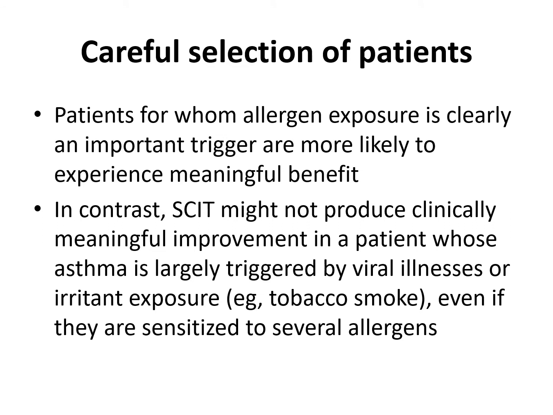Careful selection of patients is very important. Patients for whom allergen exposure is clearly an important trigger are more likely to experience meaningful benefit. In contrast, subcutaneous immunotherapy might not produce clinically meaningful improvement in a patient whose asthma is largely triggered by viral illnesses or irritant exposures like tobacco smoke, even if they are sensitized to several allergens.